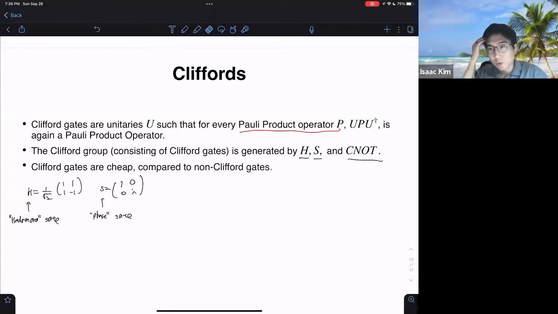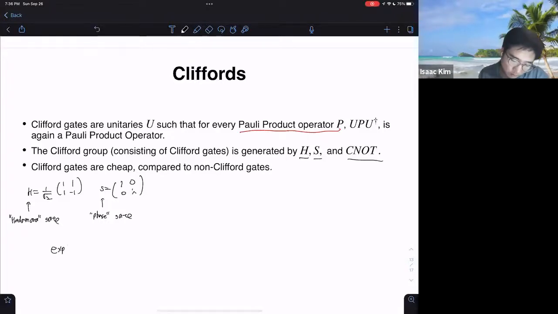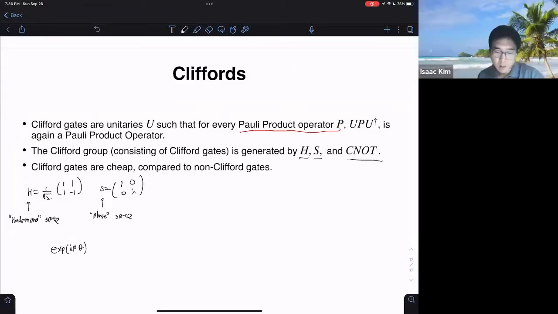And just to revisit what we discussed briefly in the beginning, I had a rough sketch of the proof for the universality of single and two qubit gates. For any operator, gates of this form can be implemented by a sequence of single and two qubit gates.